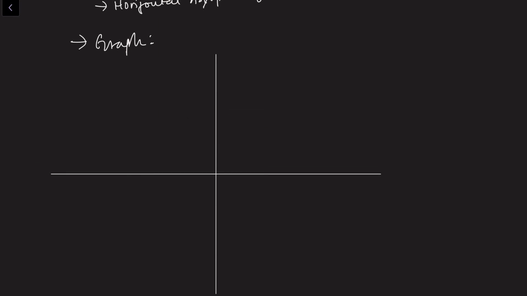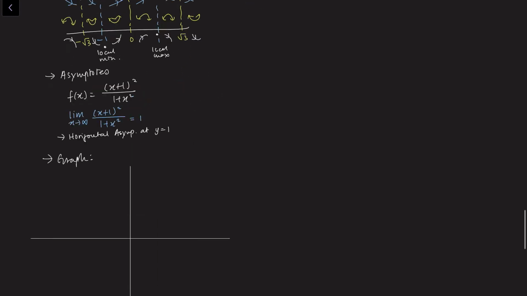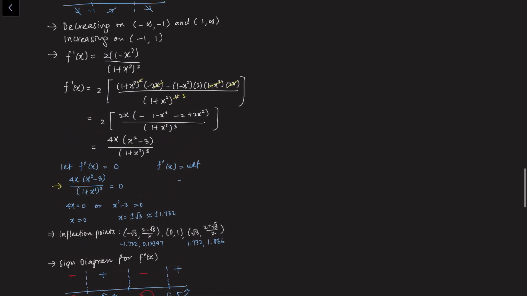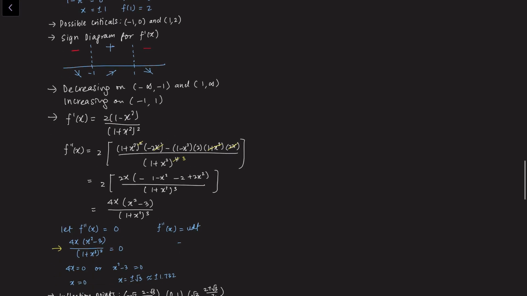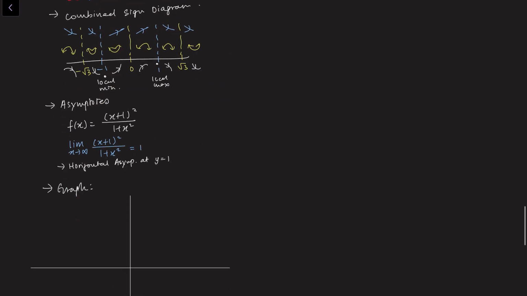So we will label the possible critical points: -1, 0, and 1, 2. -1, 0 means it is here. And just now we said that this is actually a local minimum, right?